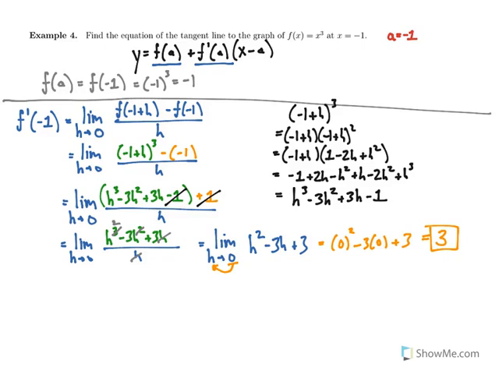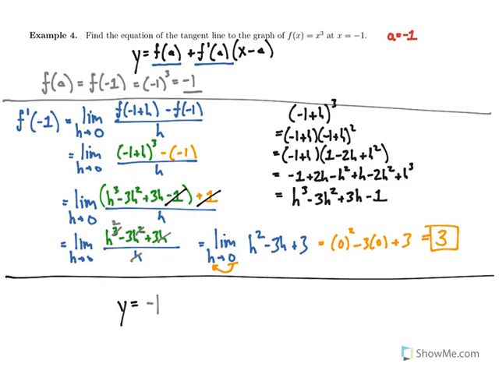So, plugging this in, because we're asking for the equation of the tangent line, our tangent line is going to be y equals f of negative 1, which is negative 1, that's from up here, plus the derivative, 3, times x minus a, or x minus negative 1.